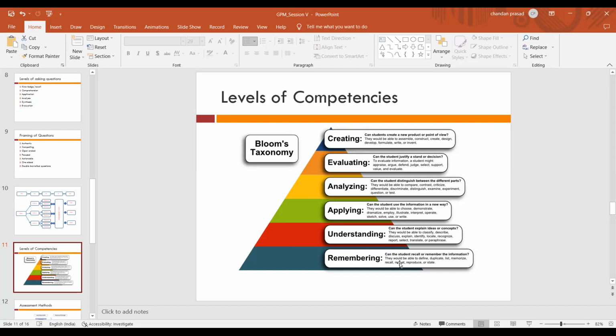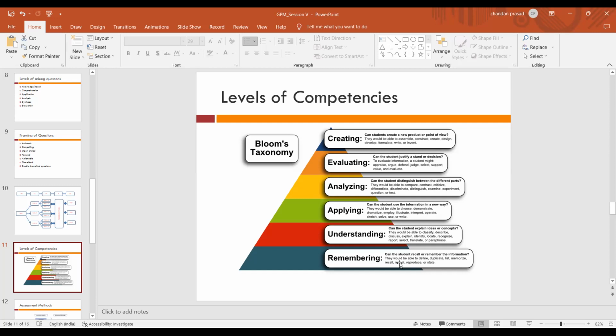Student A will give a different response, Student B will give a different response, Student C will give a different response. But when I ask at level 1, what is the definition? I might have given one solution, and they will recall that only. But in understanding, in comprehension, it is not like that.